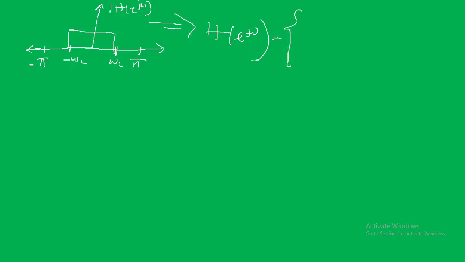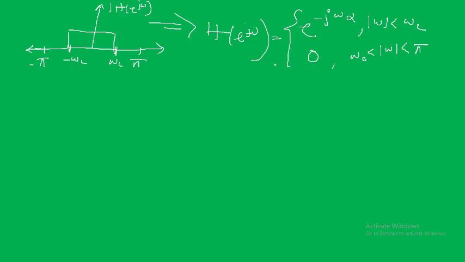It is defined as e to the power minus j omega alpha for mod omega less than omega c, and 0 for omega c to pi.